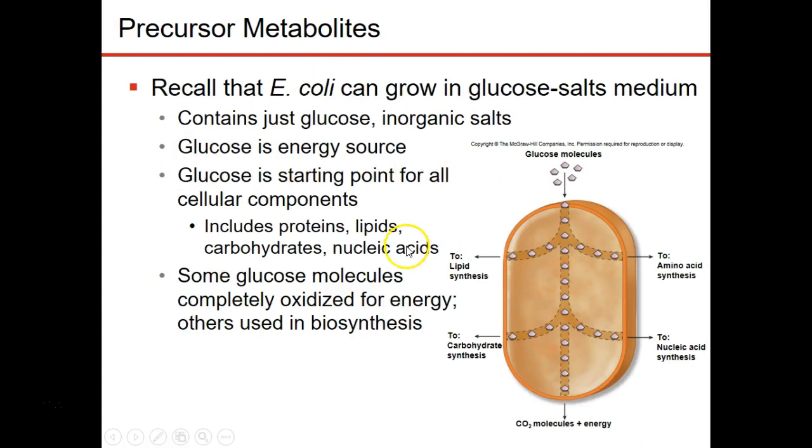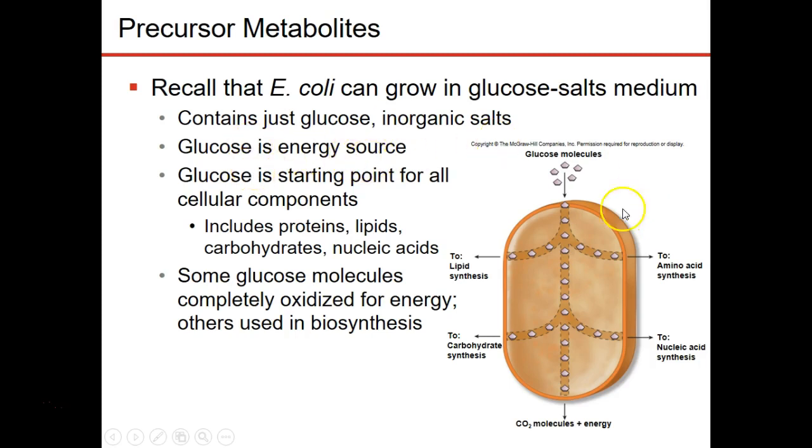And so here we have E. coli. E. coli has a very diverse mechanism for producing energy. It can use anaerobic as well as aerobic means. If we grow E. coli in a glucose salt medium, it will be able to grow.